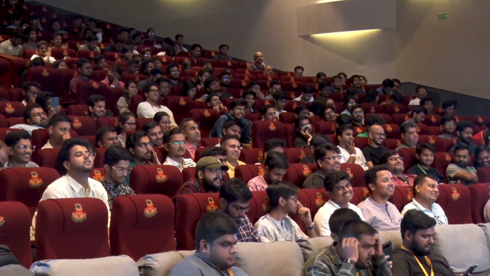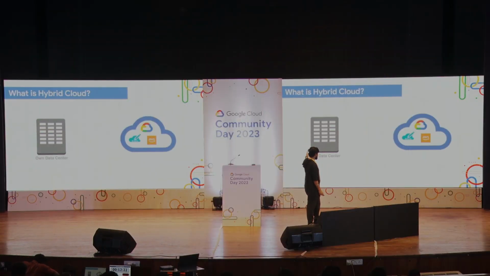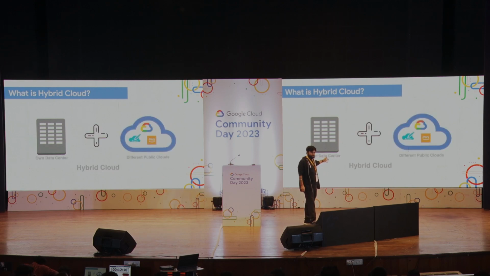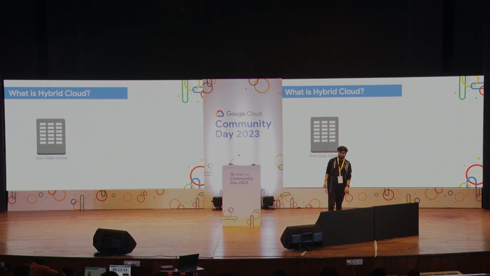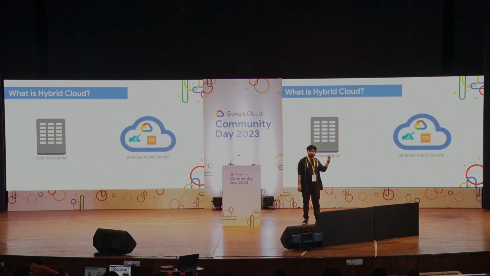Okay, so let's start with what is hybrid or multi-cloud. I think this is already explainable, right? Let's suppose you have your own data center and you have different cloud platforms already set up for your organization. If I combine both of them, it is called what? Hybrid cloud, right?